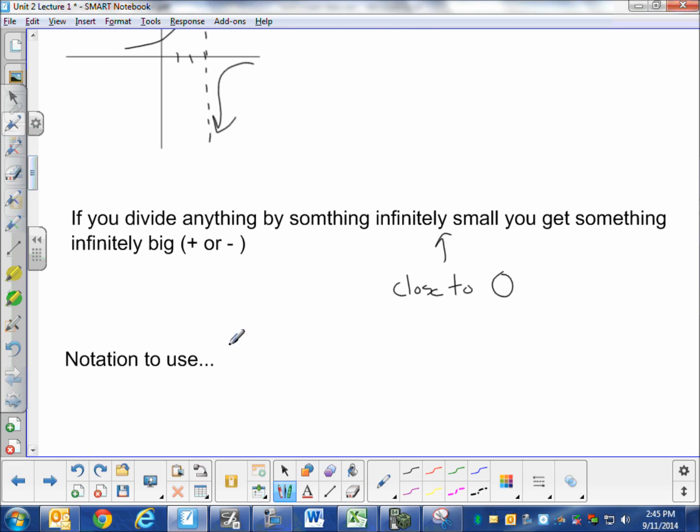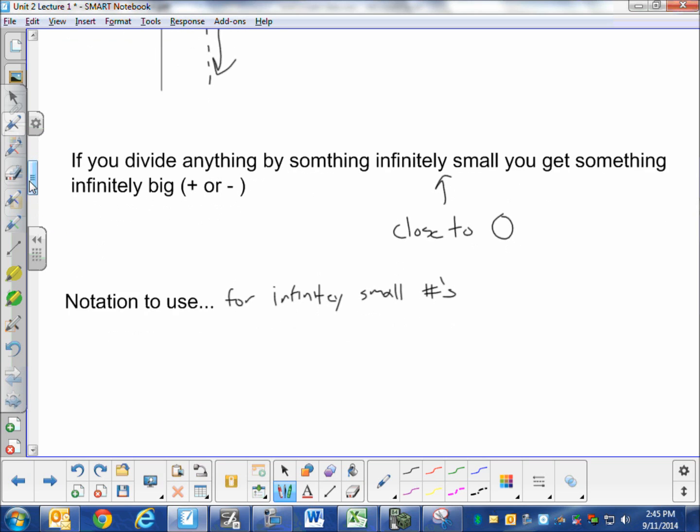And we'll have notation to use for these infinitely small values. You're already familiar with the notation and with these values. 0 with a negative sign in the exponent. What does that stand for? Yeah, 0 from the left.